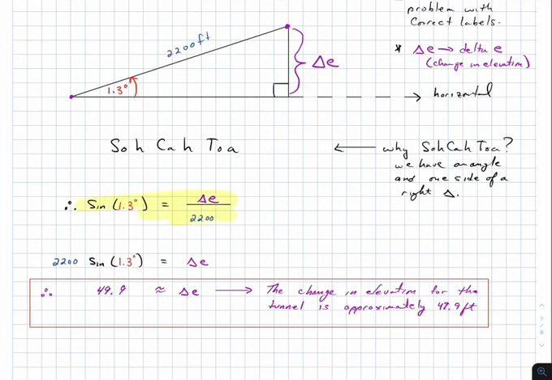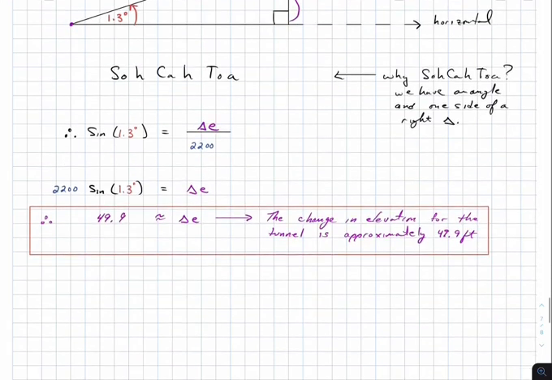I substituted the values in, or in the variable. So the sine of 1.3 degrees is equal to delta E divided by 2,200. And again, the opposite of dividing by 2,200 is multiplying by 2,200. So that's where I got this. So after I typed that into the calculator, making sure I'm in degree mode, we came up with a change in elevation approximately 49.9.